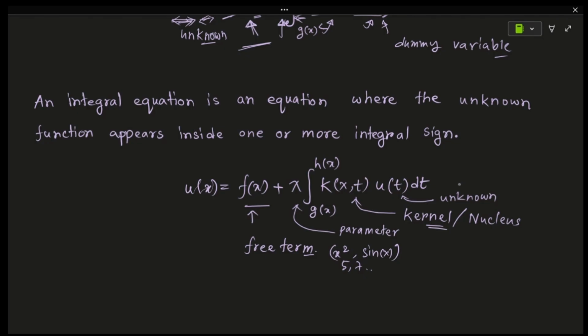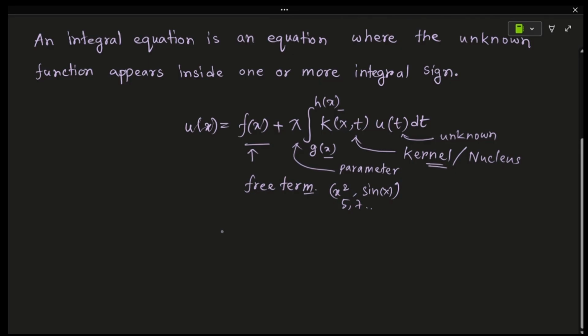This is the lower limit, and this is the upper limit of the integral. The limits are very important here because based on them, we classify this integral equation into various types. These limits can be constants or variables. They can be a function of x itself.